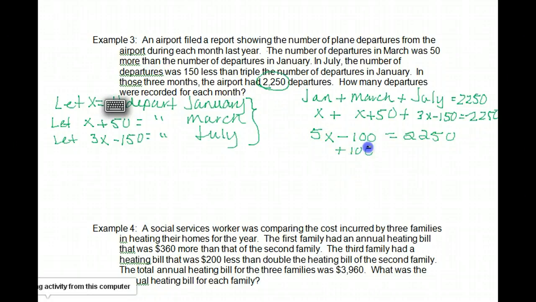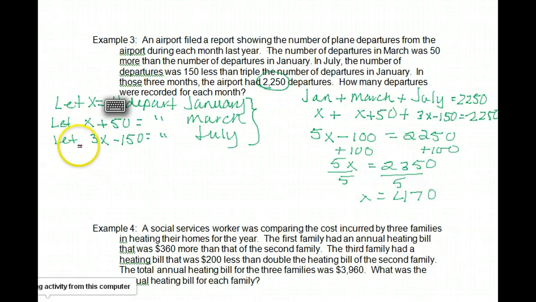We're going to add 100 to both sides, and 5x equals 2,350. Divide both sides by 5. X equals 470.